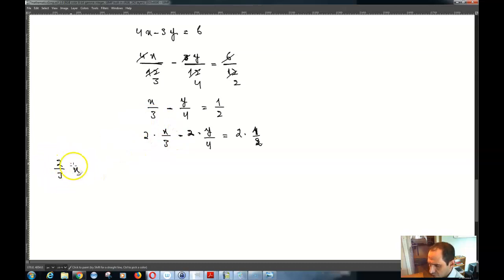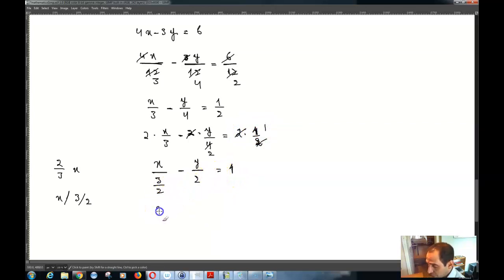So if you want to write it with a denominator, you can write this as x divided by 3/2, meaning the reciprocal of 2/3. So you can write this as x divided by 3/2 minus y divided by 2, because the 2 and 4 cancel out, is equal to 1.